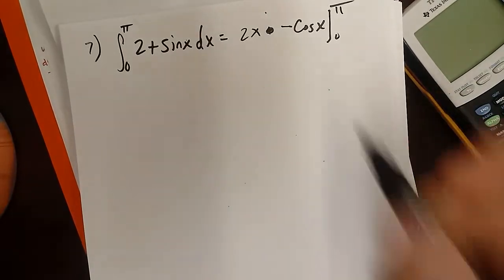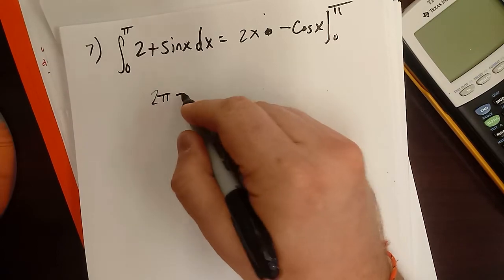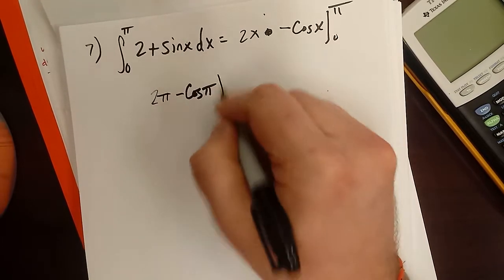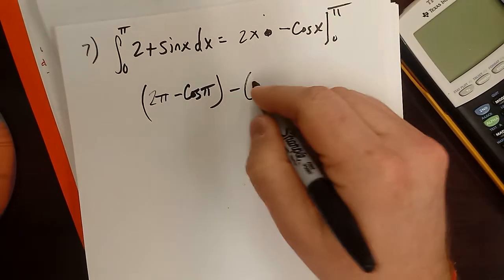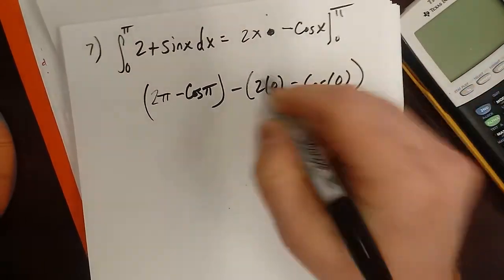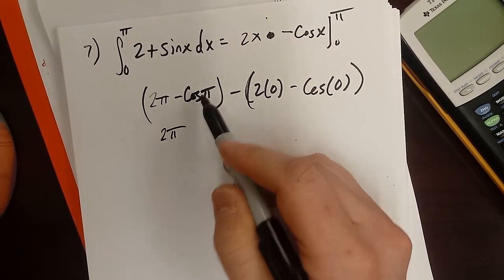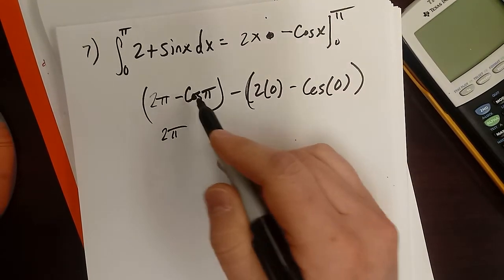So all we've got to do is plug in pi first. So that's going to be 2 times pi minus cosine of pi, minus 2 times 0 minus cosine of 0. And if we do that, then we'll get, well, 2 pi is 2 pi. Cosine of pi is negative 1.